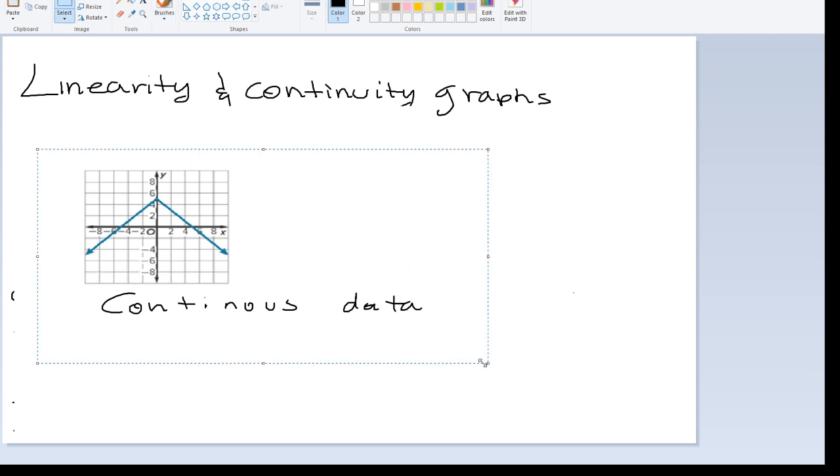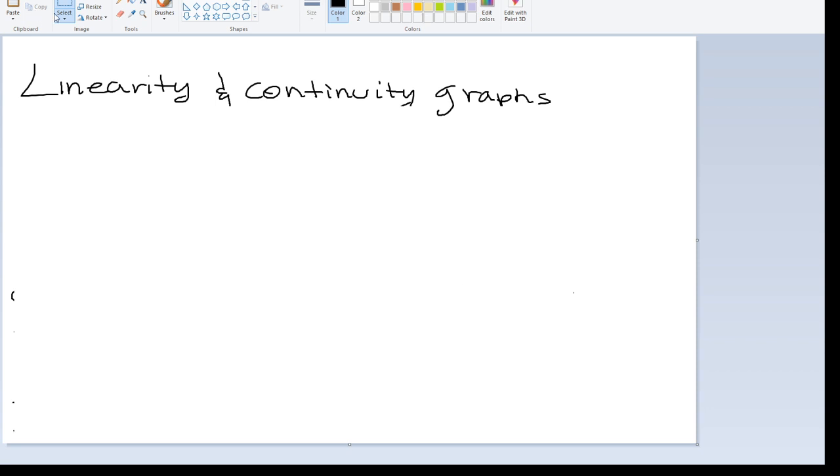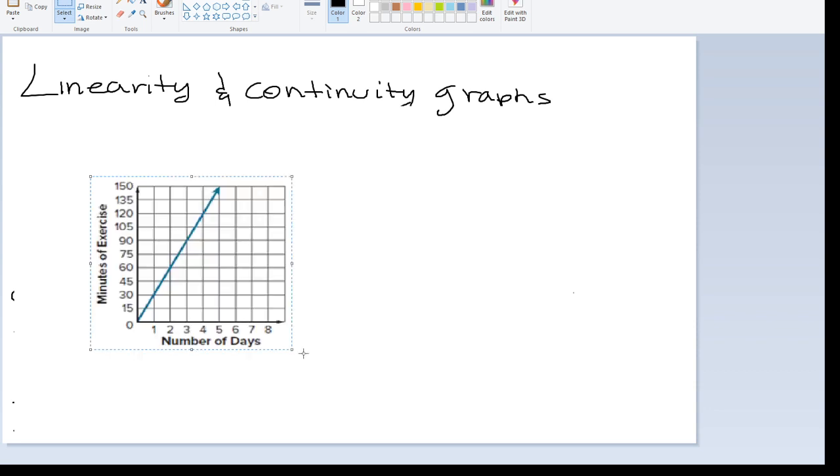Now the next thing I need to go over is whether data is linear or non-linear. So an example of a linear function, the word linear means it's going to be a line. So if I consider this graph here, this graph here is a linear model. It's a linear equation. Why? Because it's a line.